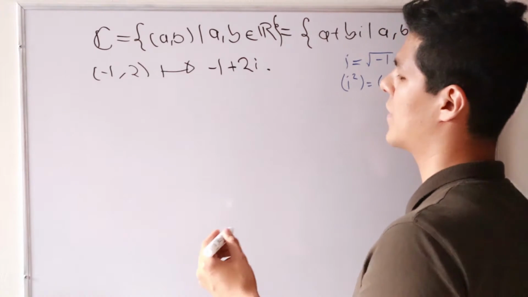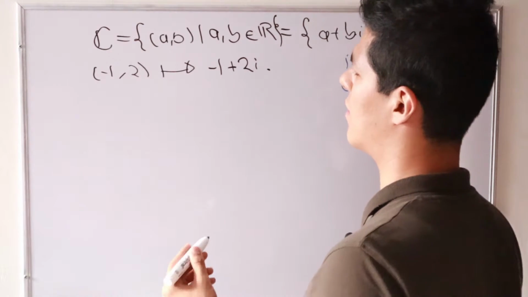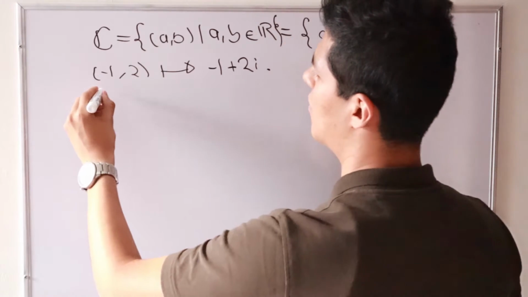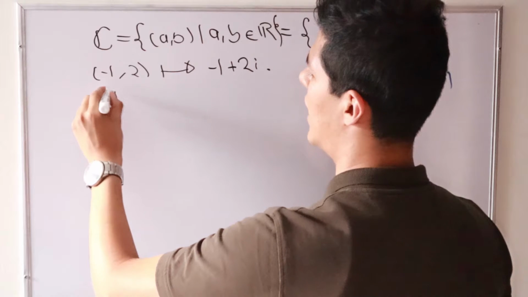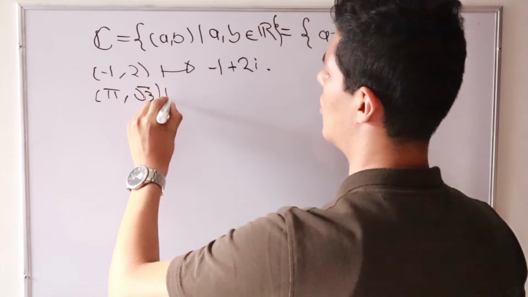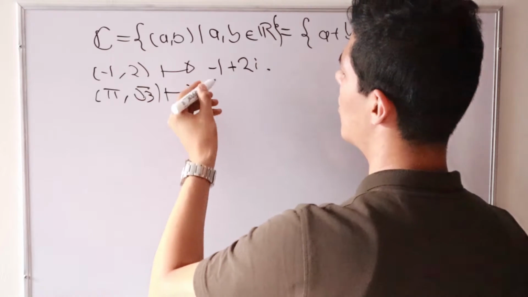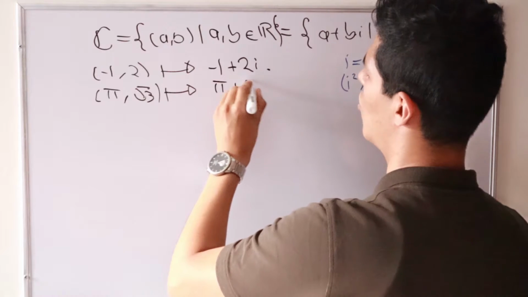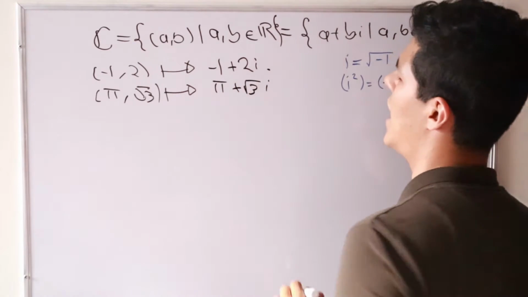So then, in order to define the sum, we have this bijection. For example, if you have pi and the square root of 3, you can have another number, pi plus square root of 3 times i.